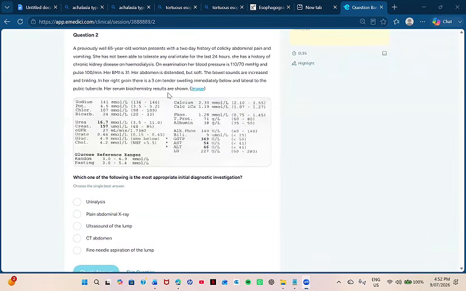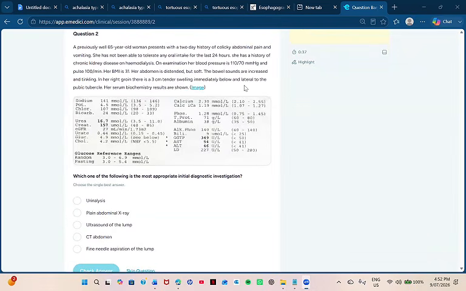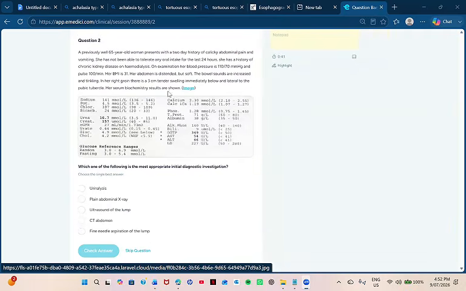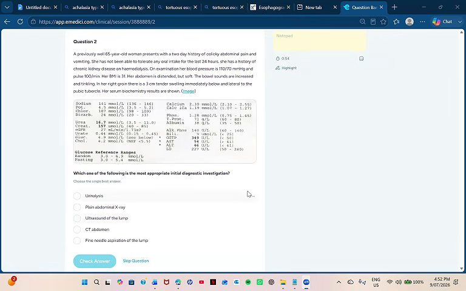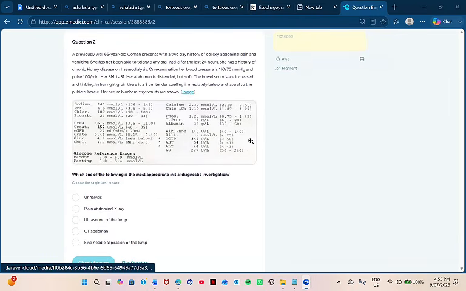The groin has a 3 centimeter tender swelling immediately below and lateral to the pubic tubercle. The serum biochemistry is given here: urea 16, creatinine 157, GGT 349, AST 50 or 46. Which one of the following is the most appropriate initial diagnostic investigation?